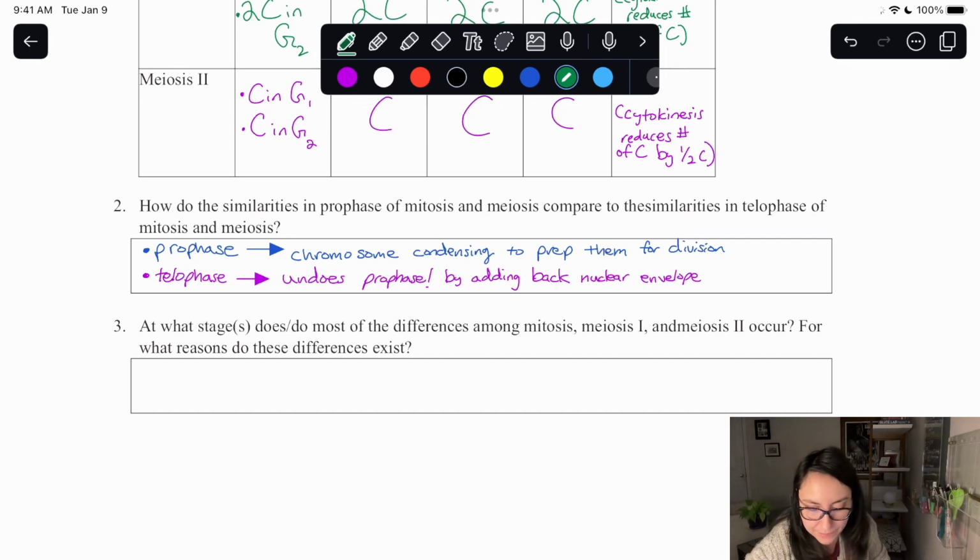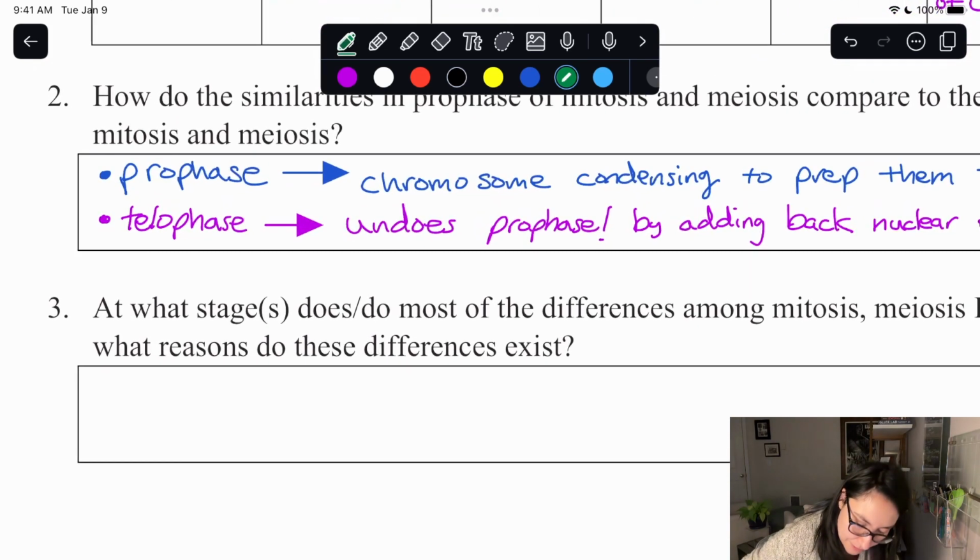Last question. At what stage or stages does or do the most differences among mitosis, meiosis 1 and meiosis 2 occur? For what reasons do these differences exist? So the primary differences, like my bullet points, is basically, how's the best way I can explain this?